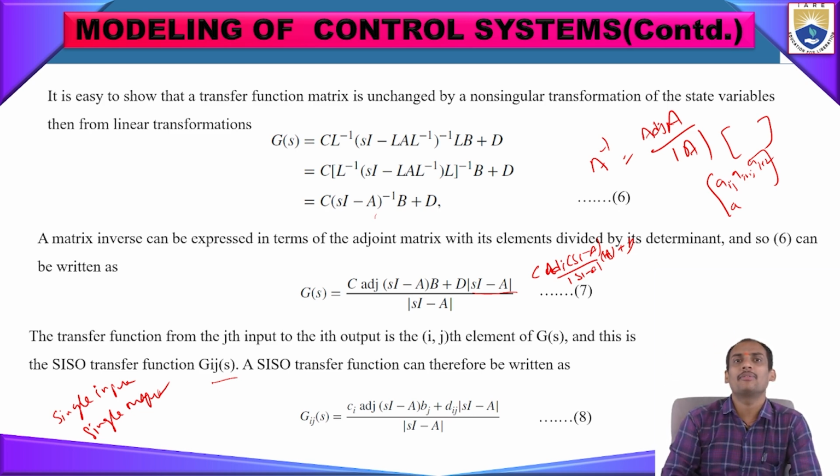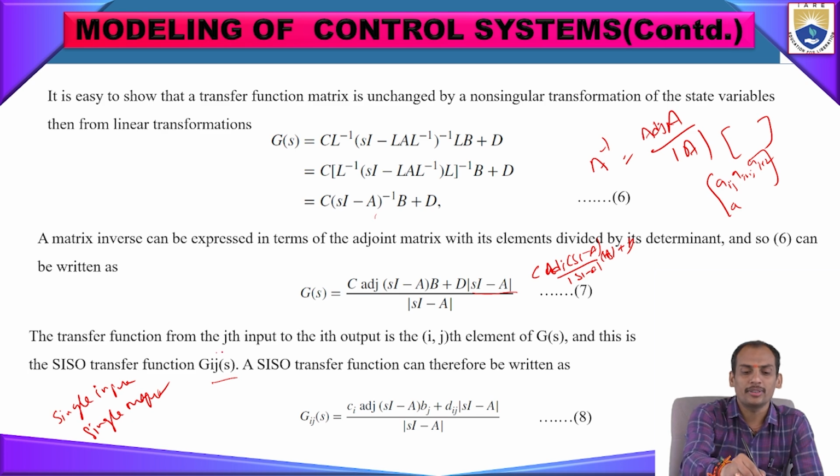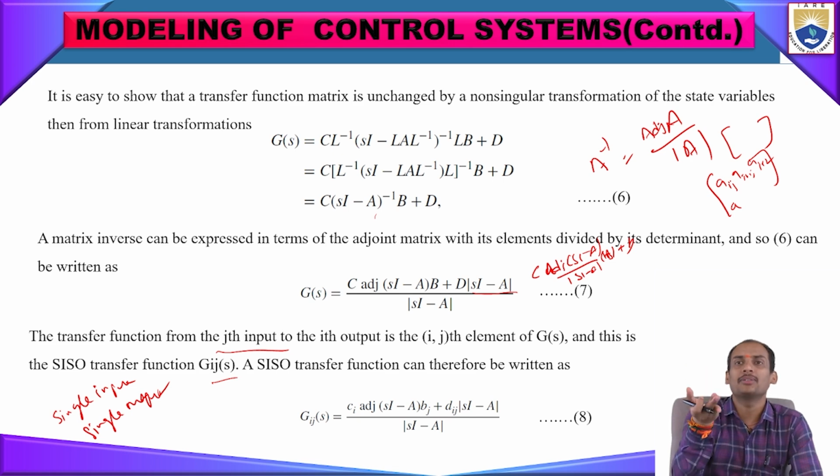What is given here is the jth input to the ith output of the ij elements in G of S. The jth input and ith output we are considering together. The output is given through the feedback formula, so the feedback form is also fed into that.